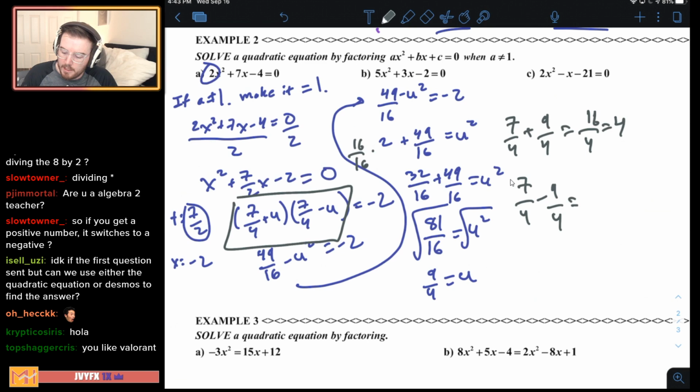And 7 minus 9 is -2/4, which is -1/2. So I end up with x plus 4 times x minus 1/2.